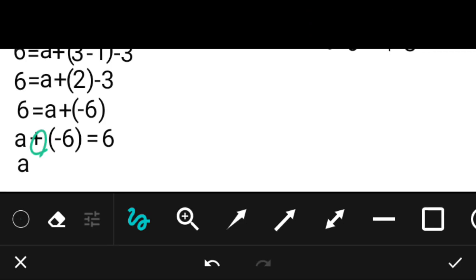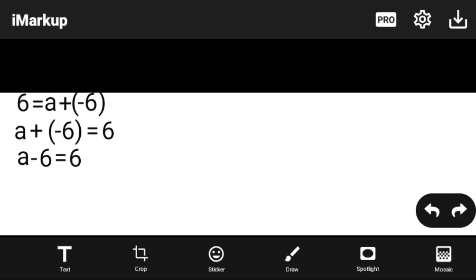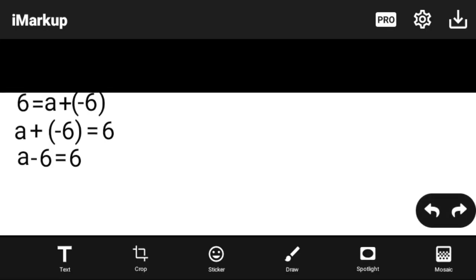So when you multiply positive times negative 6, it will give us a negative. Then 6 equals a minus 6. From there you take the negative 6 to the other side so that we have the value for a, the first term.